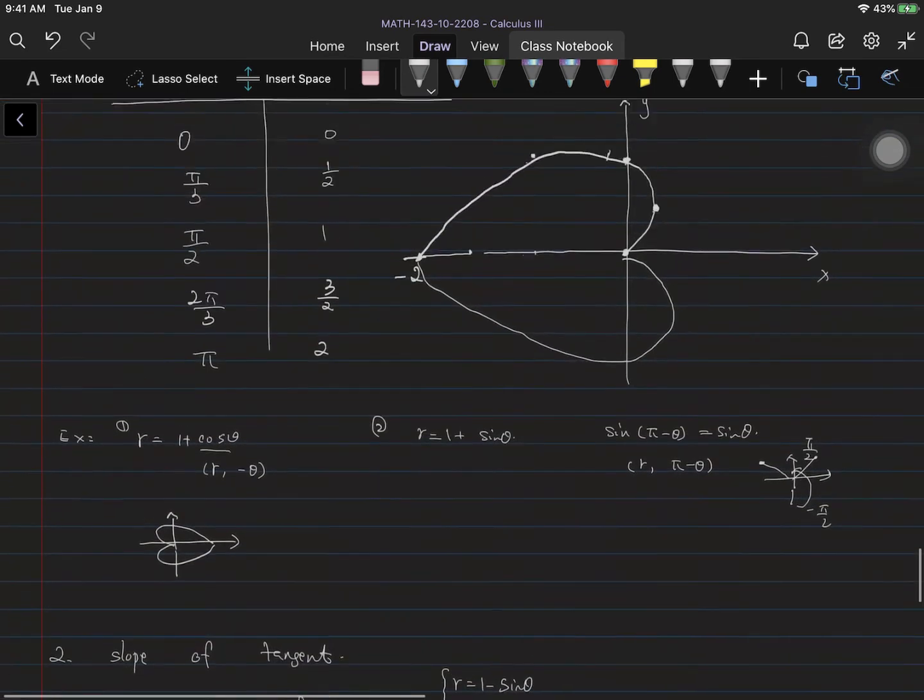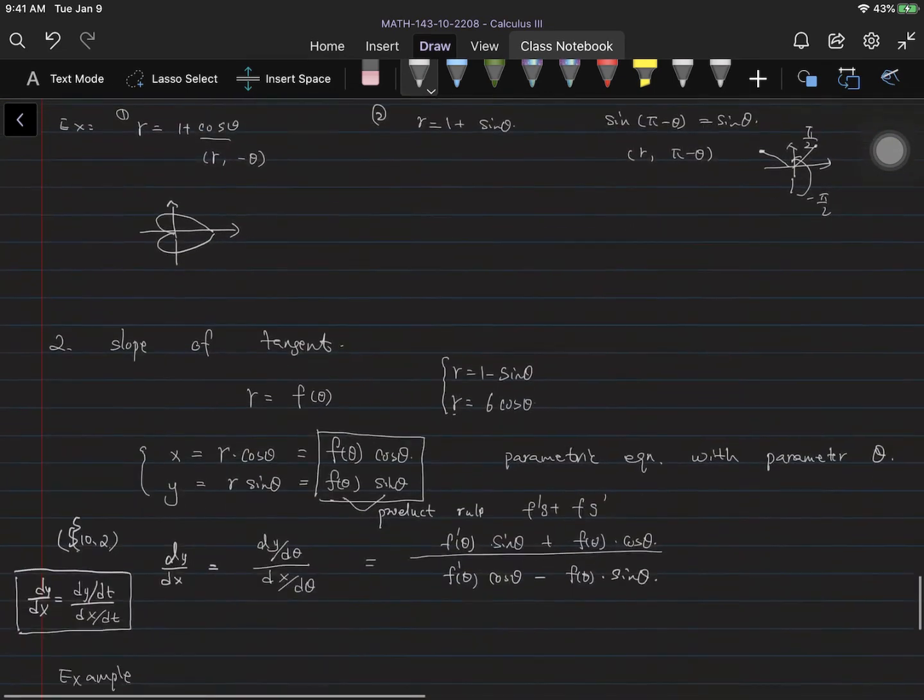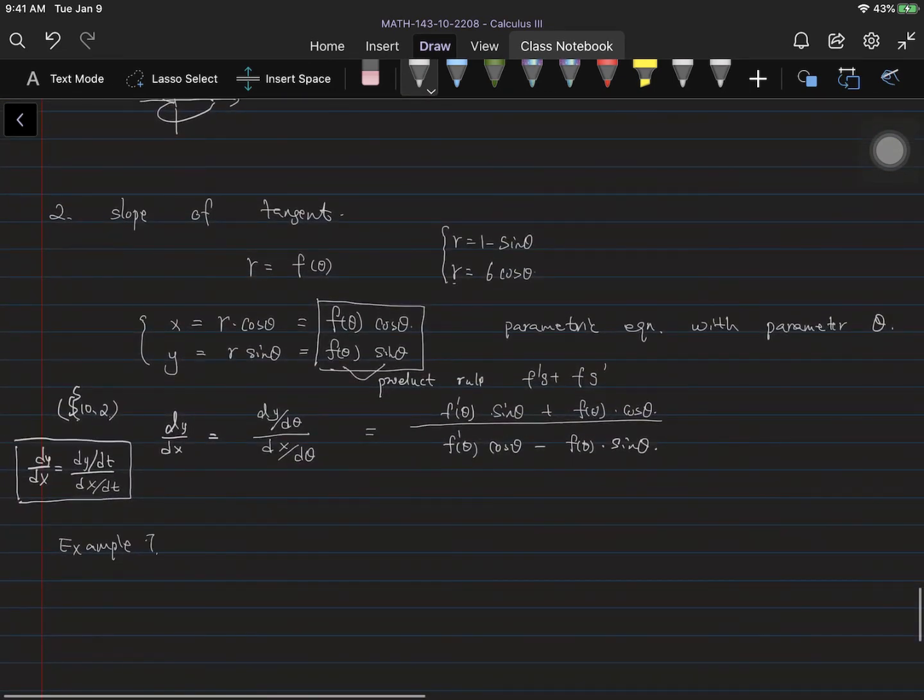I think 7. Yeah, example 7. The polar curve is given by this function, r = -1 + cosine theta. Okay. Now we are going to find the slope of the tangent at pi over 2.